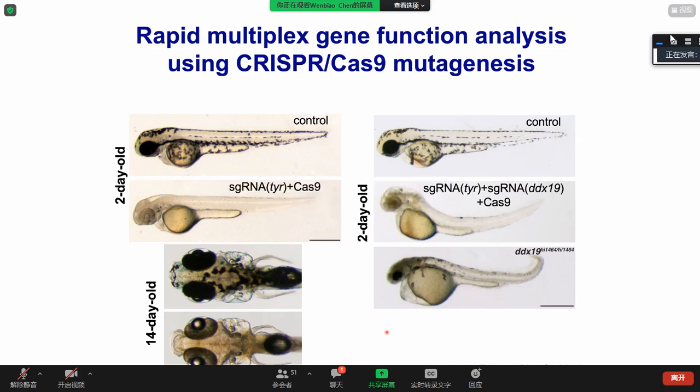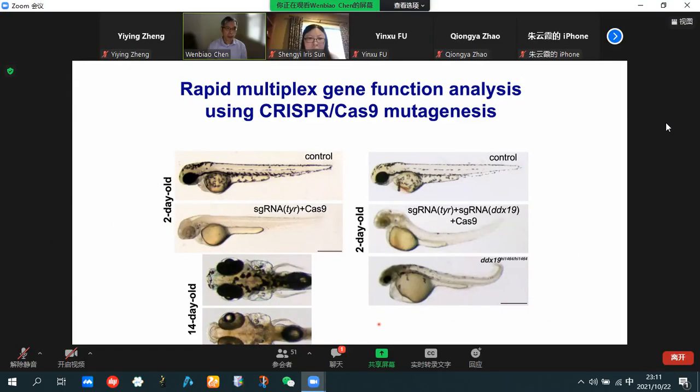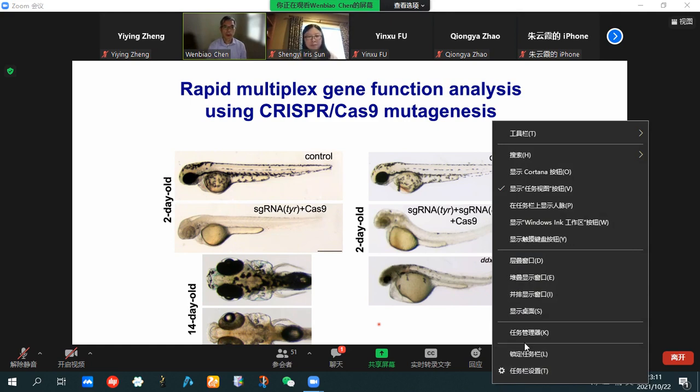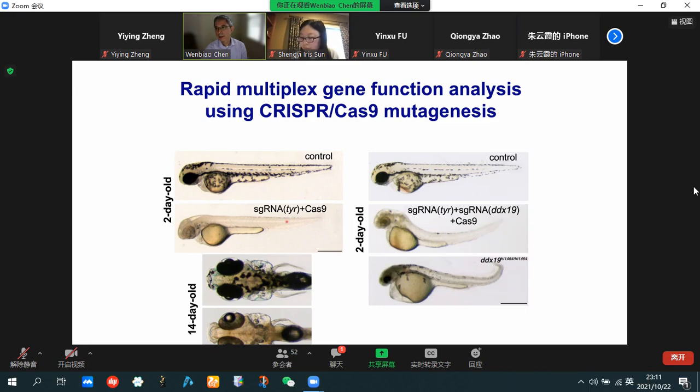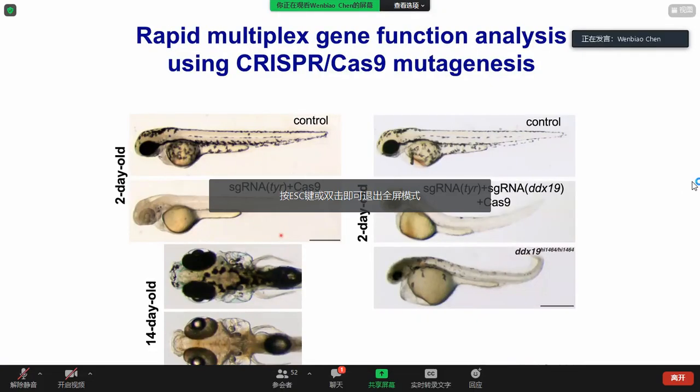In zebrafish, we show that by injecting into the one-cell stage embryo guide RNA and Cas9, we can have phenotypes in the injected fish right away. For example, if we look at pigmentation, we can see 2 days later that we can create albino zebrafish. And these are stable.